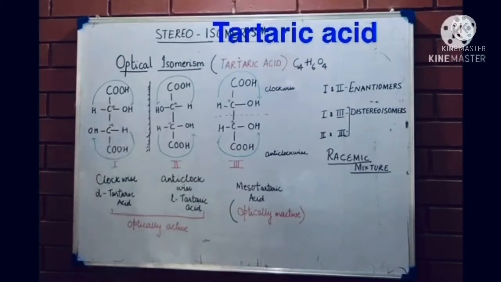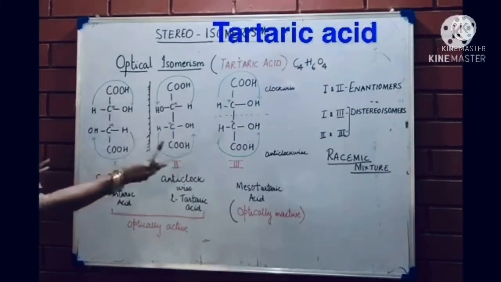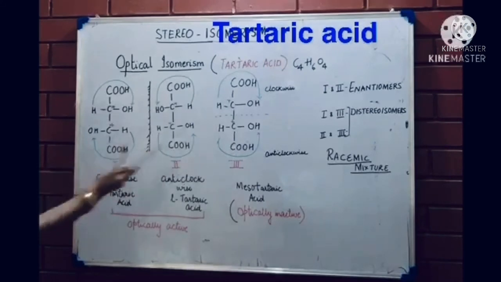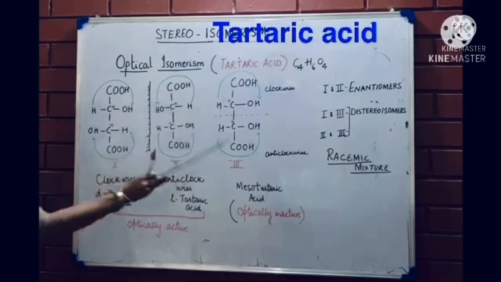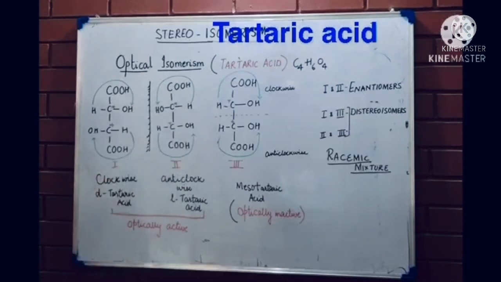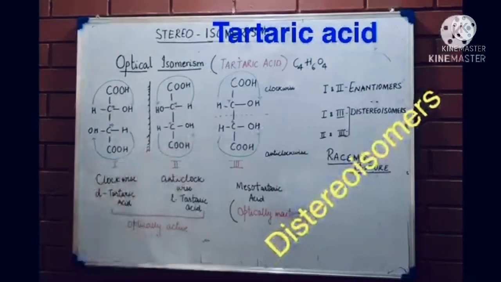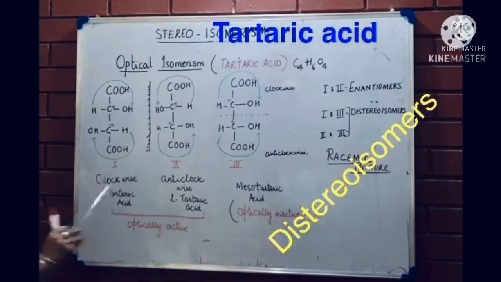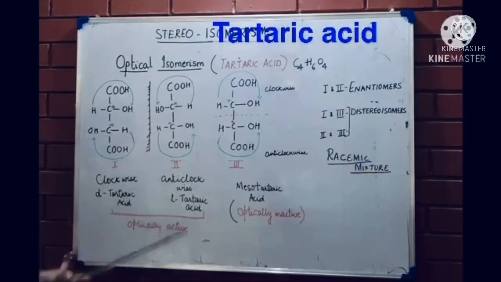If I compare 1 and 3, 1 and 3 are neither mirror images. I cannot say this is a mirror image of this one. So these two are not mirror images of each other. They are also not superimposable on each other. So they are called diastereoisomers. Diastereo means they have no such relationship with each other.